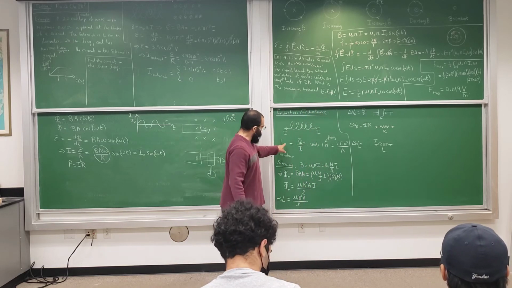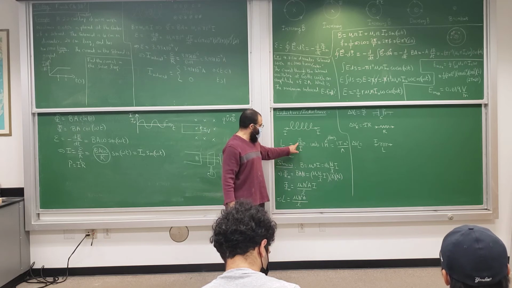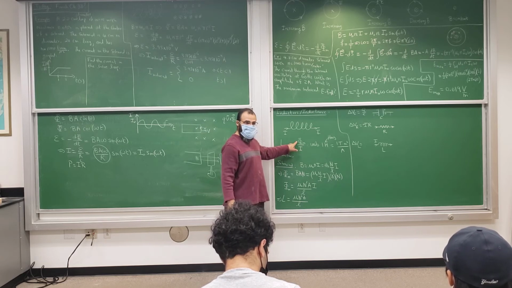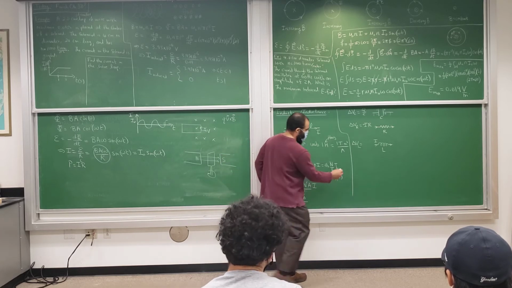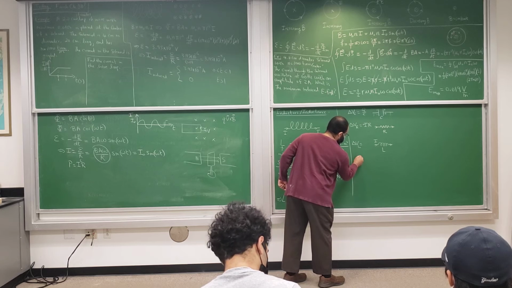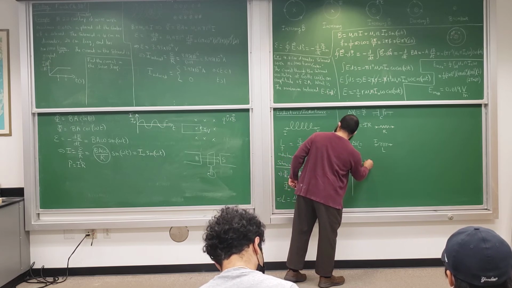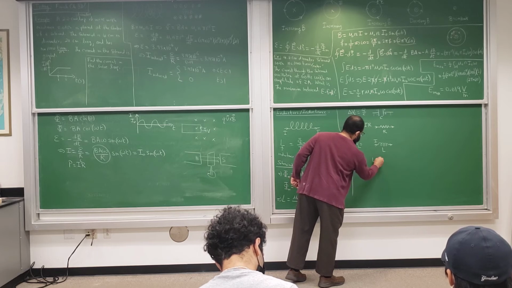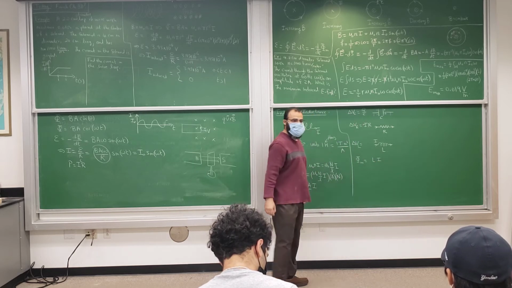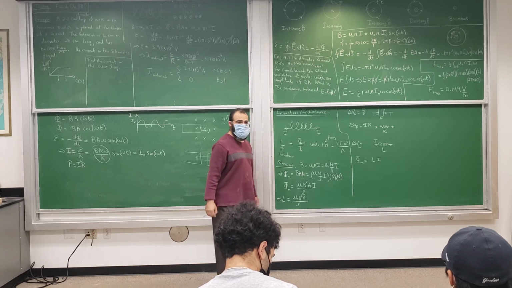Well, let's go back to the definition of L and see what we get. Multiply both sides by I, so you get the magnetic flux. The magnetic flux is equal to L times I, right? That's the magnetic flux.